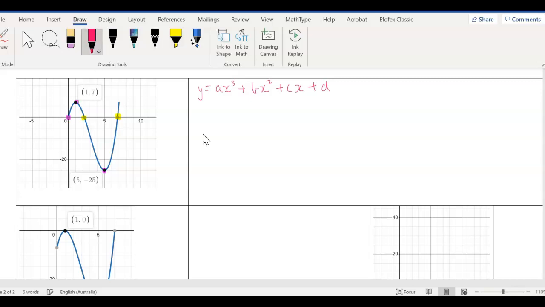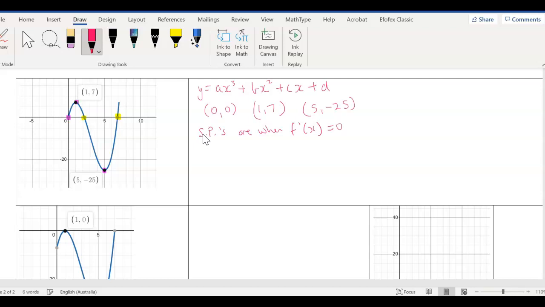All right, so let's put our points in. Points on the curve. We've got these 3. Now I've got 4 unknowns, A, B, C, and D, but I've only got 3 bits of information. The good thing is you've just learnt about stationary points. So remember, your stationary points are when your derivative is equal to 0.